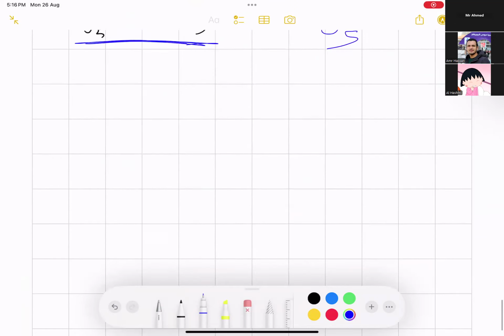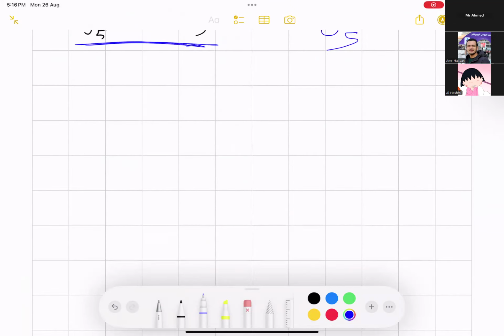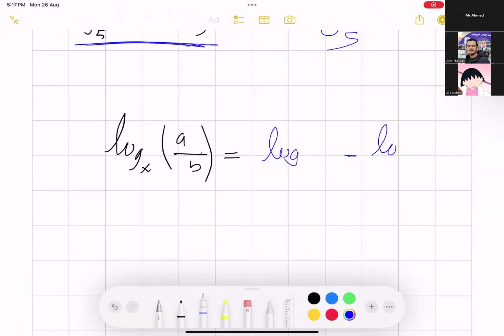So this is the first rule that we have learned the last time. Let me remind you about the other rule. So the other rule, if we have logarithm, and here we have, for example, x, and what we have right over there, a over b. The last time I told you, if you have dividing, we need to turn it into subtraction, right? So the first step I have to do is just try to write a double log, but in the middle we get subtraction, not addition this time.